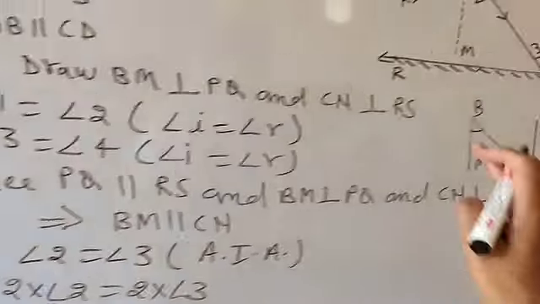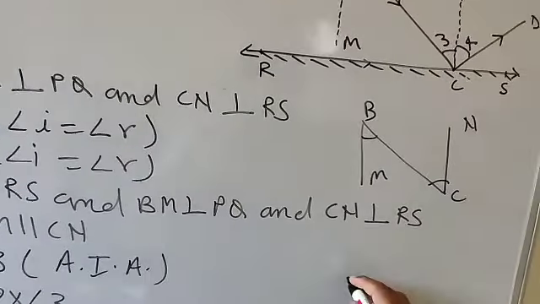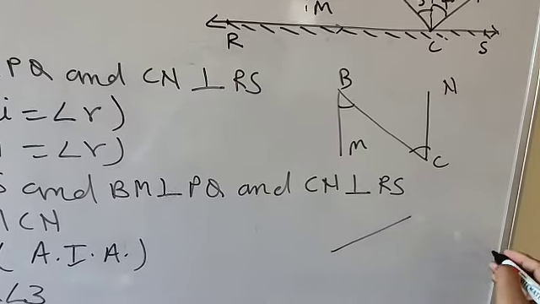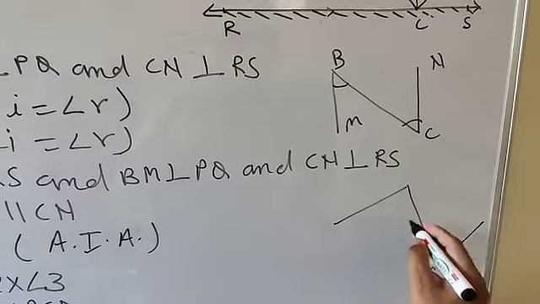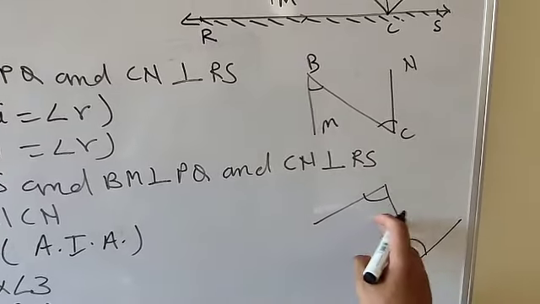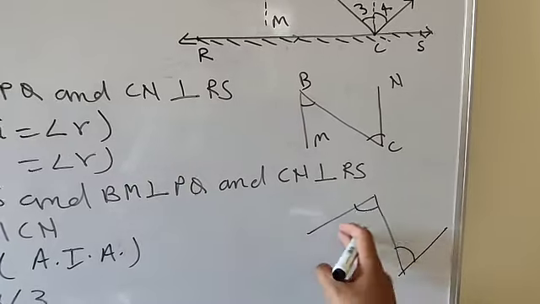So here you have to prove that angle ABC equal to angle BCD. Students, if these are the two lines like this, and you join this, and if these two angles, which are the alternate interior angles, are equal, then both the lines will be parallel.